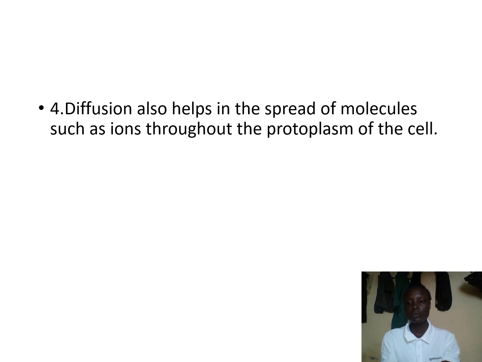Diffusion also spreads ions and molecules throughout the protoplasm. It also keeps the walls of the intestinal tissues of the plant moist. Food materials are also absorbed by plants through diffusion. Let's now look at the process of diffusion and its important roles in plant cells and animal cells.